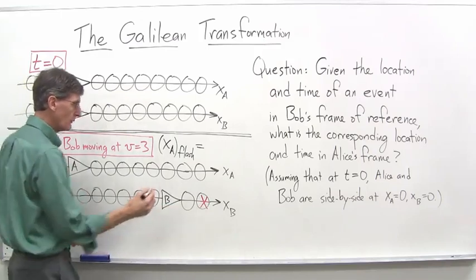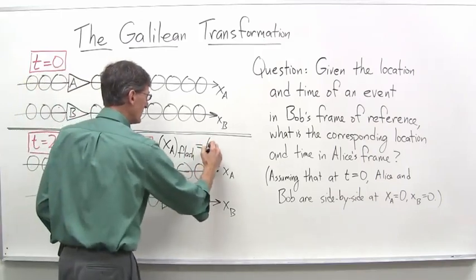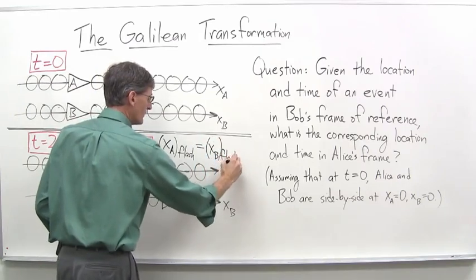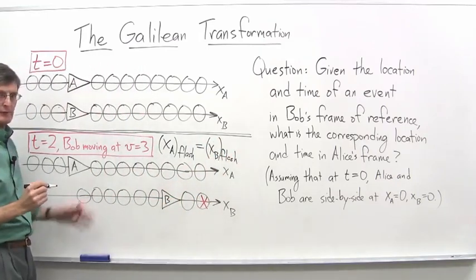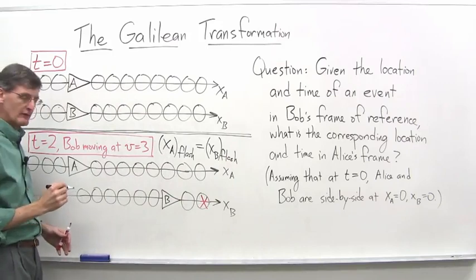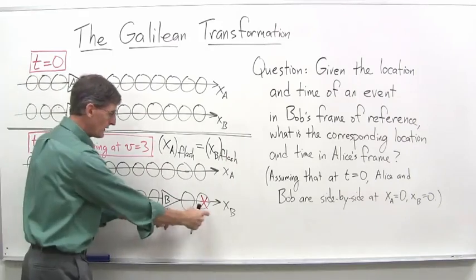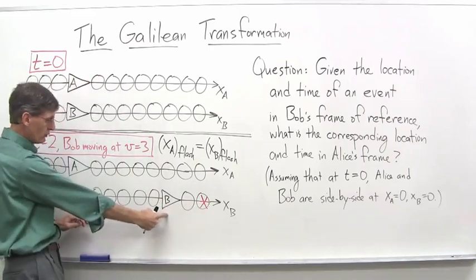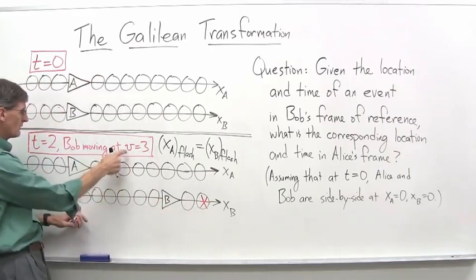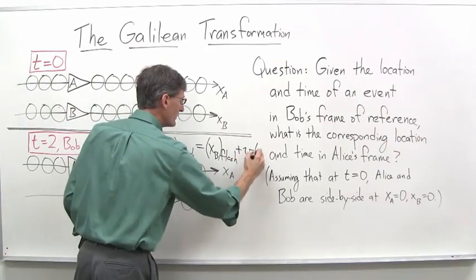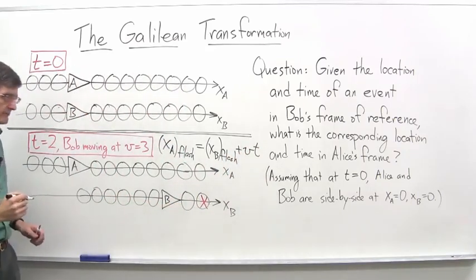So we'll write it like this: it'll be his position, xb, of the flash. I'll erase that so we can get a little more room here, but for the moment, we'll squeeze this in. So xa equals xb of the flash plus the distance he's moved. Well, the distance he's moved is simply velocity times time. So it's plus velocity times time.